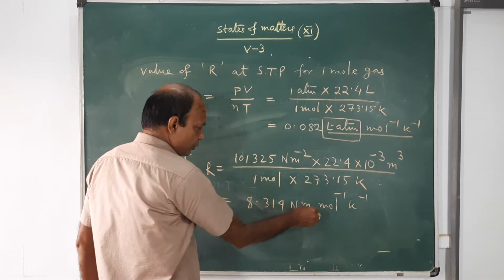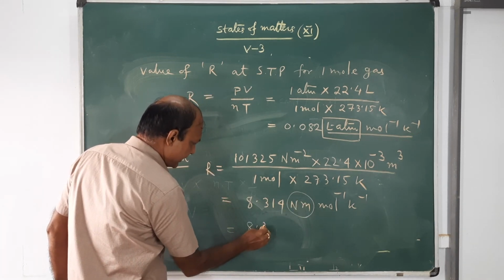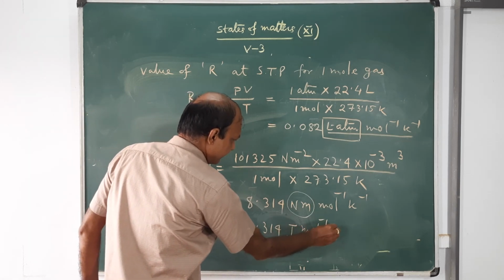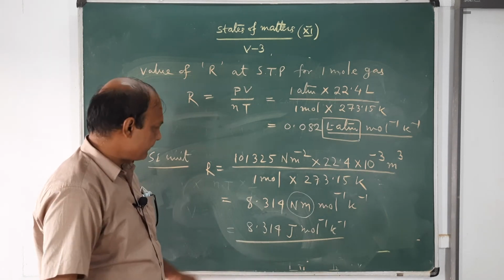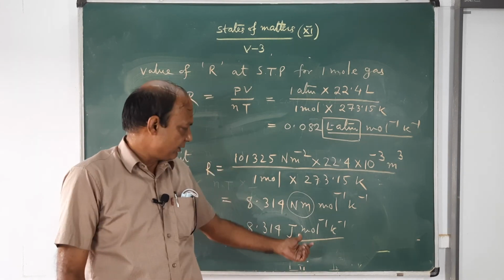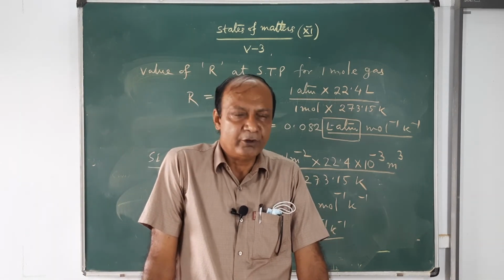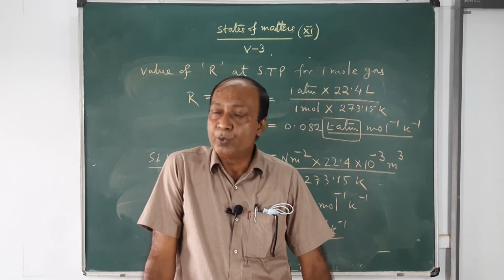Newton meter equals joule. Therefore you can write 8.314 joule per mole per Kelvin. So this is another value of R in SI unit, and you will mostly use this value in the thermodynamics chapter and the chemical equilibrium chapter, because these chapters are related to energy.